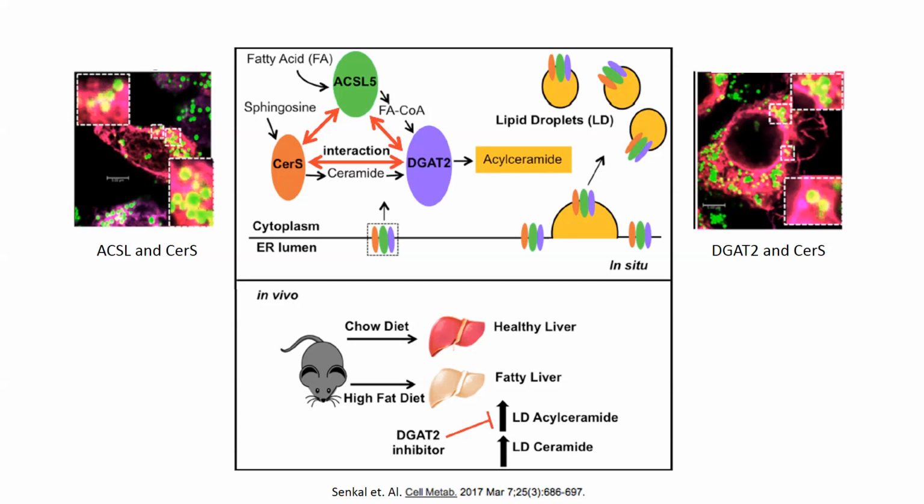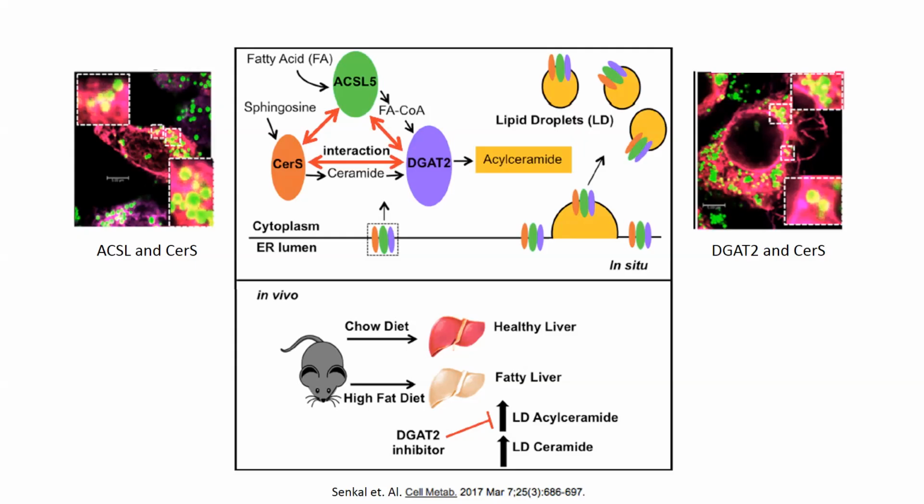And then if we inhibit this enzyme, DGAT2, from making the acyl ceramide, in fact, they are protected from fatty liver, and they lose the acyl ceramide, and they make more ceramide. So that was interesting from 2 points of view. First, they regulated cell death, the ceramides that were generated, and also they protected from liver disease.